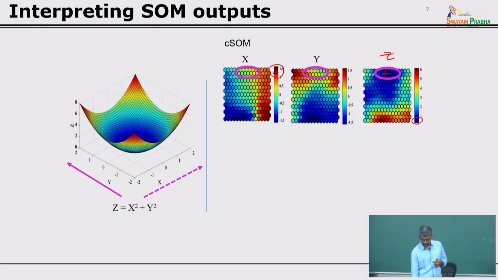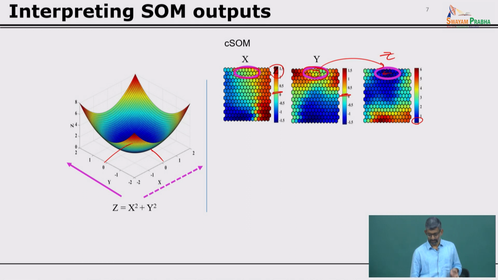If you want to know what combinations of x and y will give you the Z, you just have to go to the same coordinate here. So, these two combinations are likely to give me the Z. If you go back, this is sort of like yellowish green, so that is around 0, same is the case here, that is around 0. So, 0, 0 is what is going to give me the minimum value.